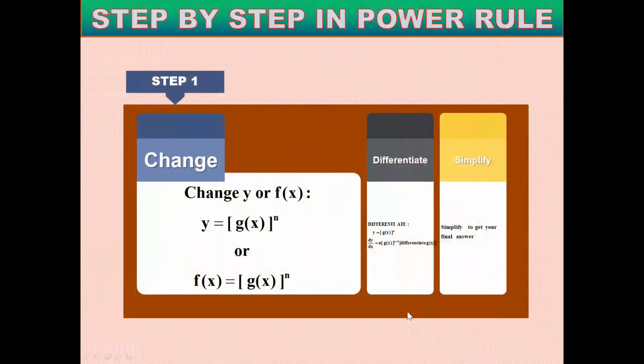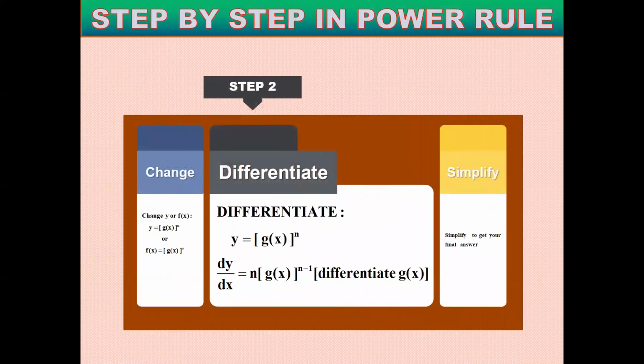So how do the steps go? So first, like just now, we need to change it to the power of something. Okay, so if you get something with a square root or a cubic or without a power, you need to transform it into a power. Okay, so that's the first step. The second step is you need to differentiate the whole thing.